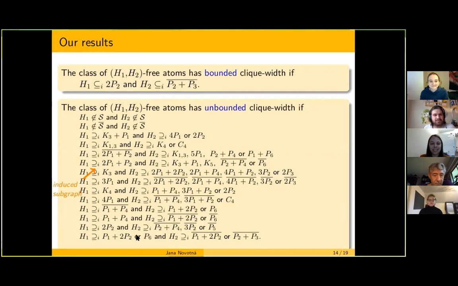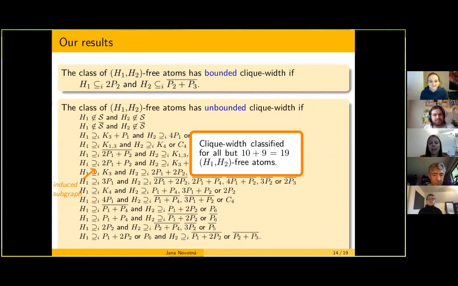But what's important is that we classified Clique-width of all but 19 cases of (H1, H2)-free graphs. As this area was widely open before, there were infinitely many cases, so ending with something like 19 is pretty good. Even though it may seem a huge number of open cases, we are happy that it's a bounded number.